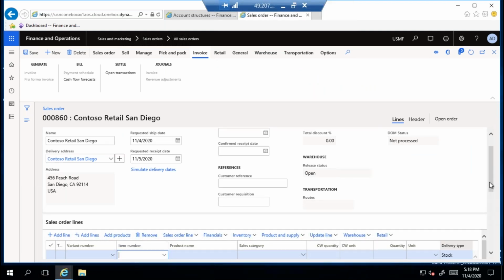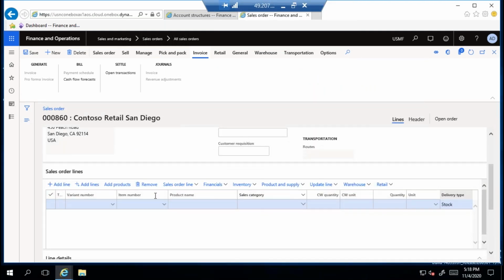And select item 1000 for practicing purposes. Click tab.